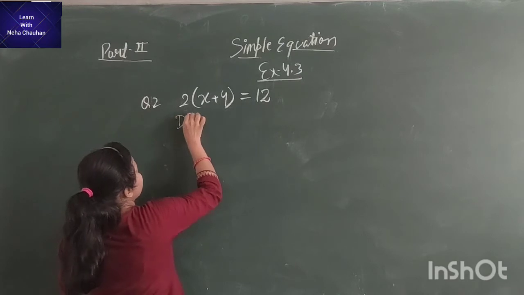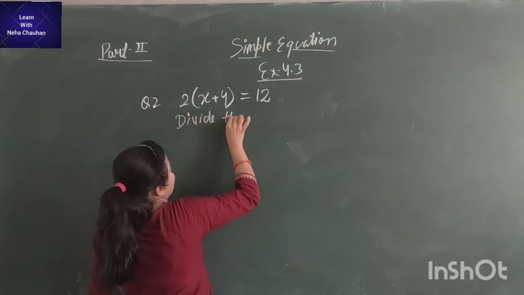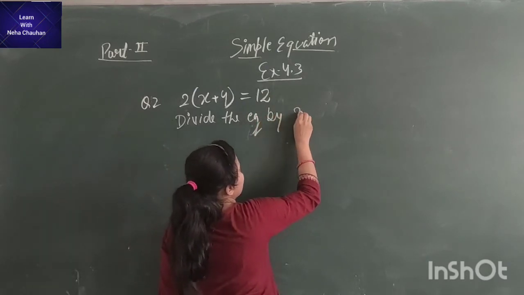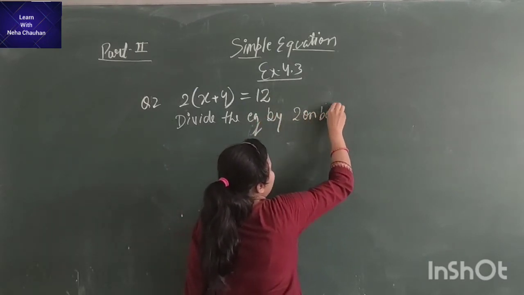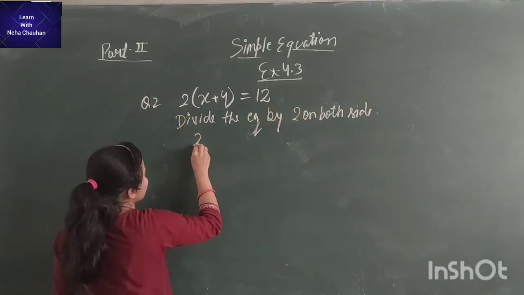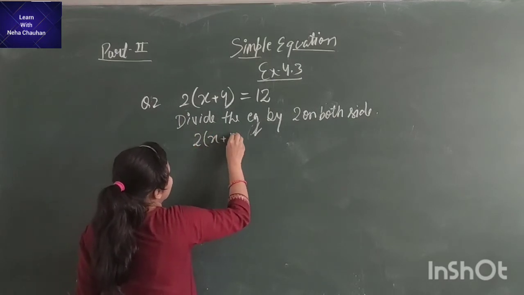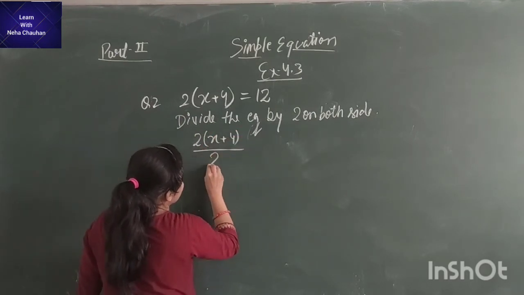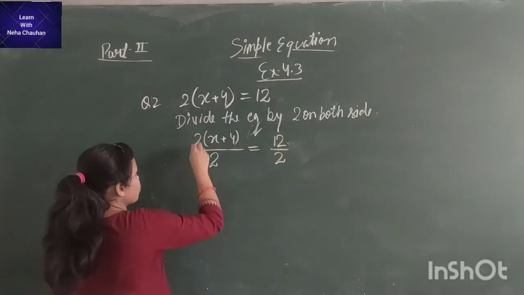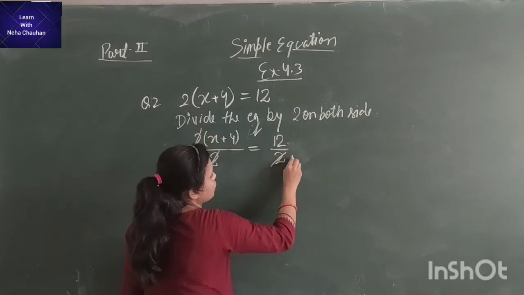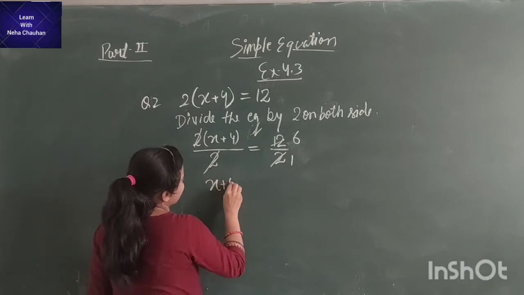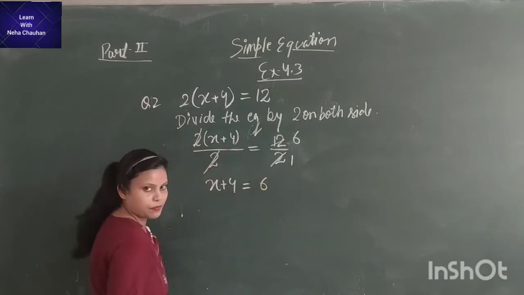So divide the equation by 2 on both sides. On dividing we will get 2x plus 4 divided by 2 is equal to 12 by 2. So 2 and 2 will get cancelled. 2 ones are 2, 2 6s are 12. So here x plus 4 is equal to 6, right?